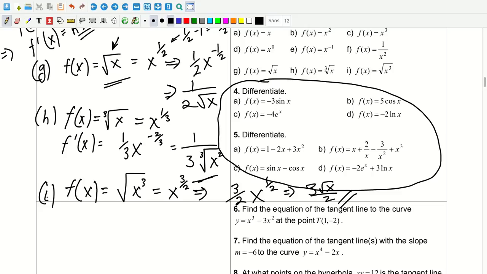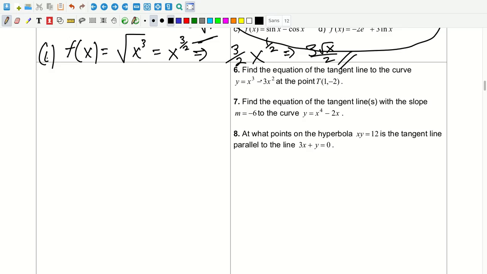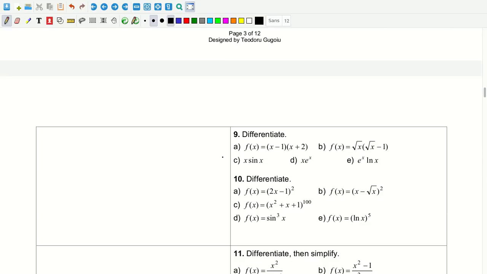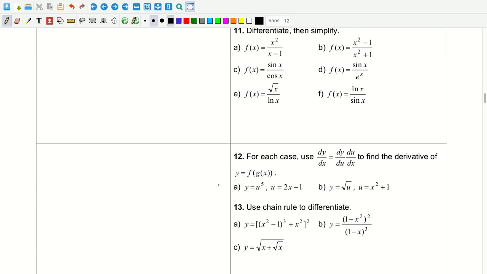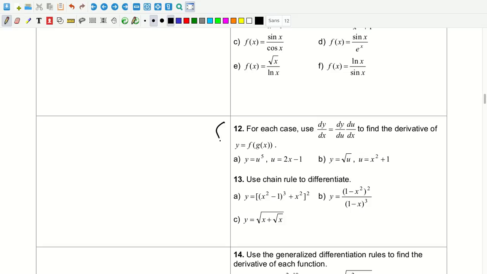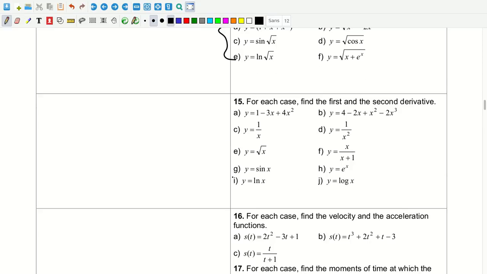Now the rest of it is general differentiation that I'll have to go through in a different video so I can explain what's going on. Afterwards we're going to do some neat stuff with the equation of the tangent, maybe some implicit differentiation, and more general differentiation that might involve the chain rule. Then generalized differentiation rules, finding first and second derivatives.